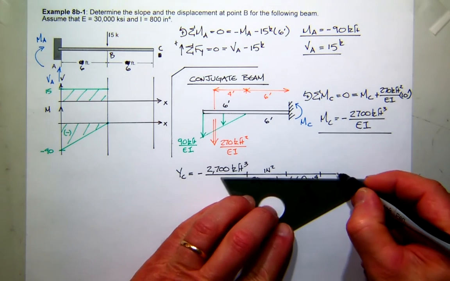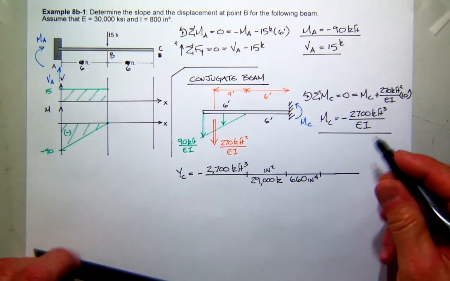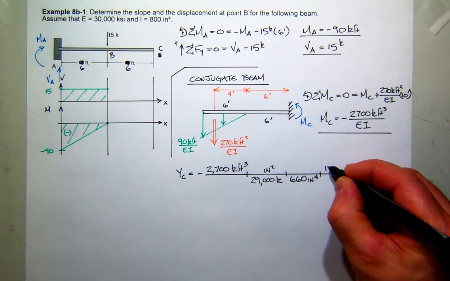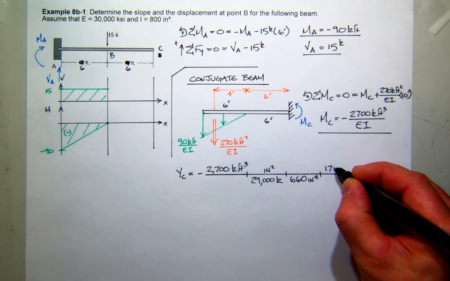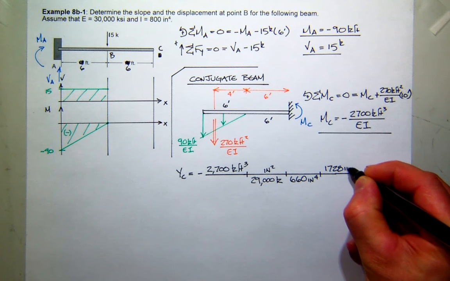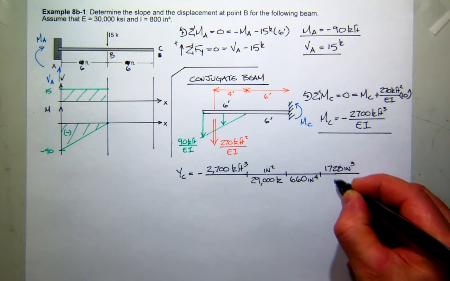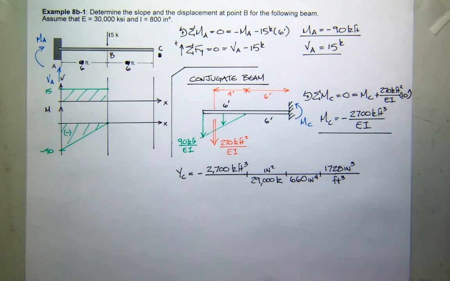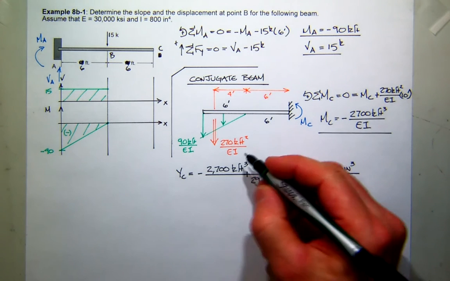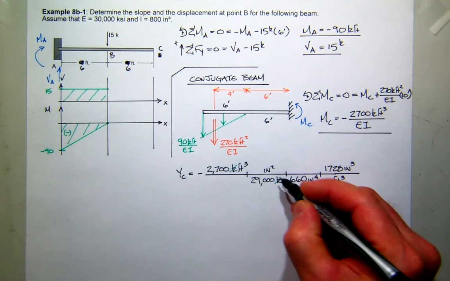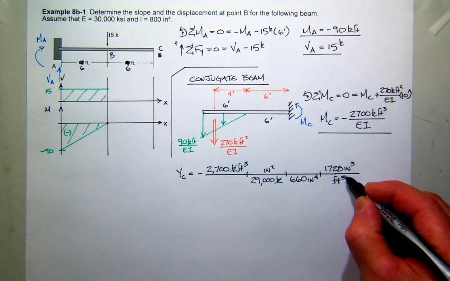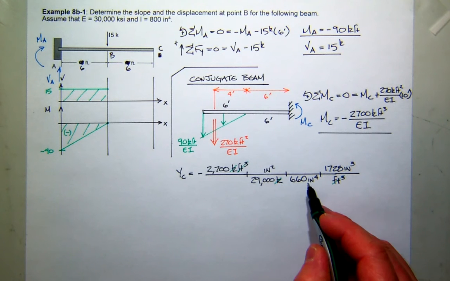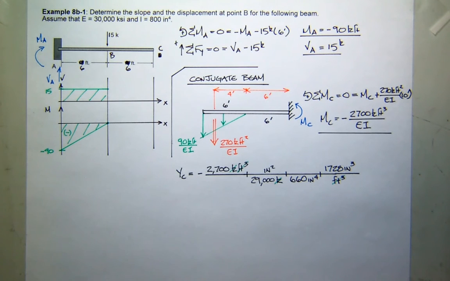And now I need to do a conversion. I know that there's 12 cubed, or 1,728 inches cubed in a foot cubed. I think if you look at this carefully, you'll see the kips cancel, the feet cubed cancel, and I have inches to the fifth divided by inches to the fourth, which should just give me inches.